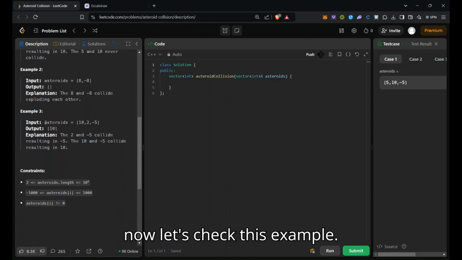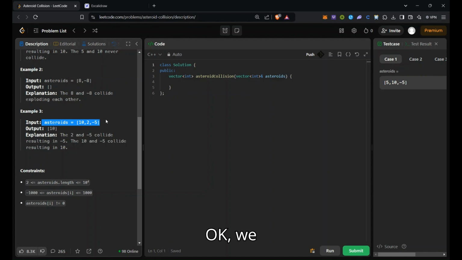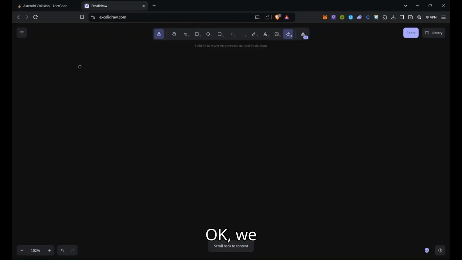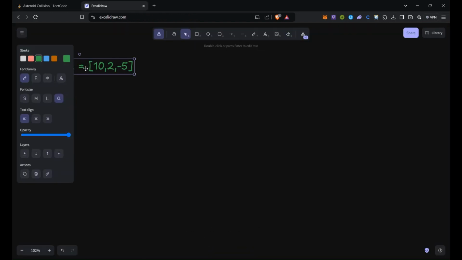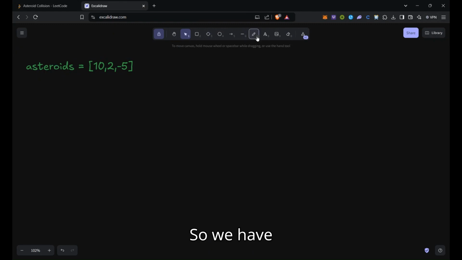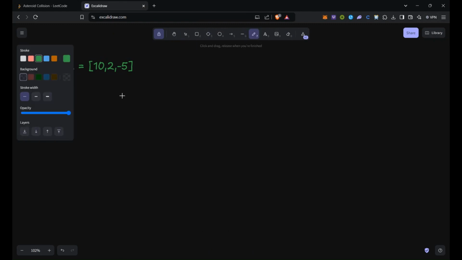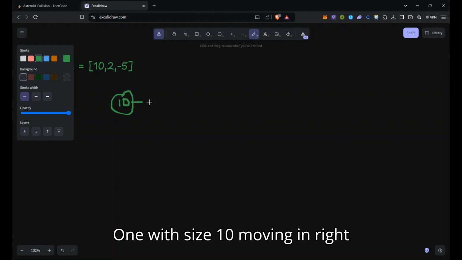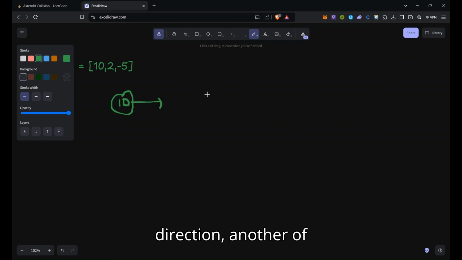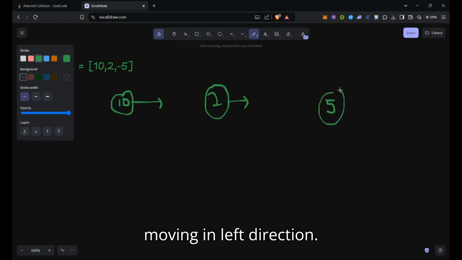Now let's check another example. We have three asteroids: one with size 10 moving in the right direction, another of size 2 moving in the right direction, and another with size 5 moving in the left direction.